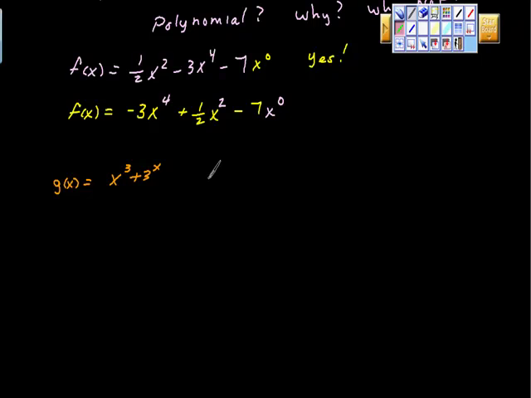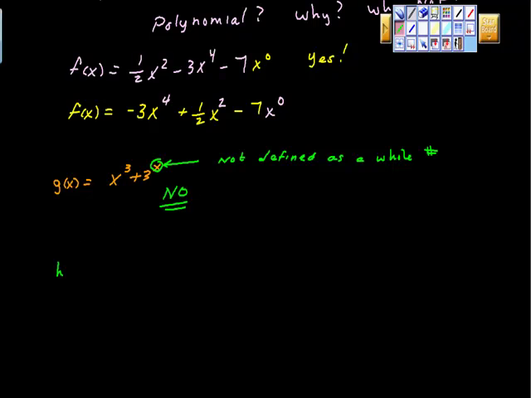Jessica? It's 3 to the power of x, and we don't know because this is a variable. We don't know if this is a whole number. This doesn't have to be a whole number, does it? It's not defined as a whole number. So no.